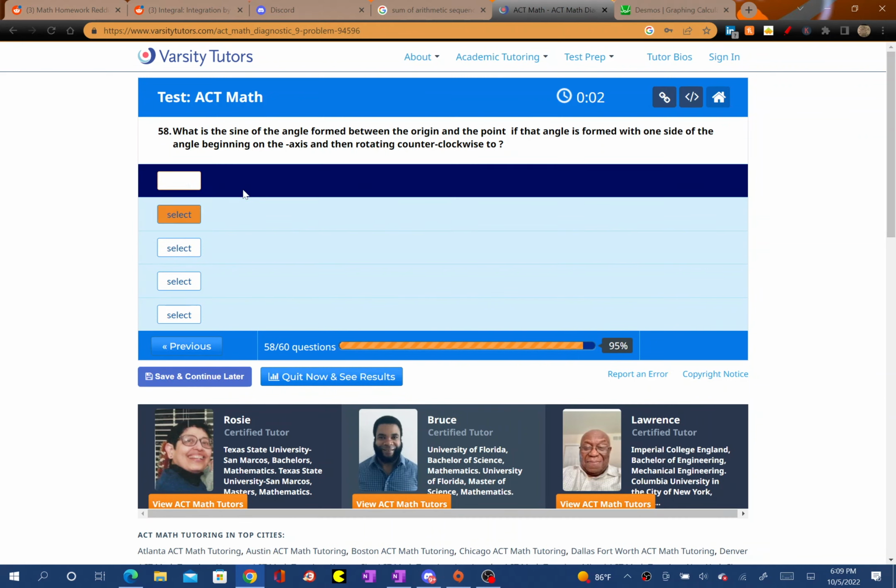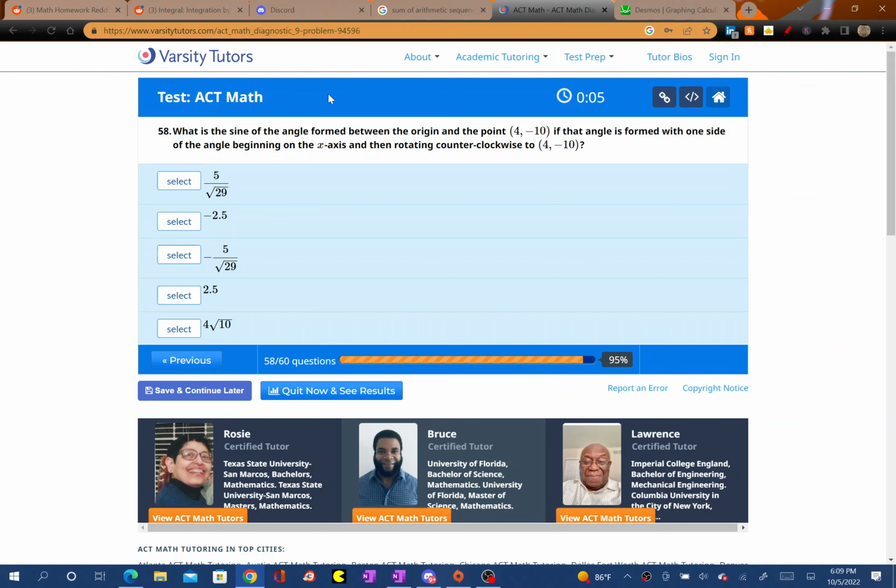Alright, what is the sine of the angle on the axis between the origin and the point 4, -10, if that angle is formed with one side of the angle beginning on the x-axis and then rotating counterclockwise to 4, -10? Oh god. So, what is the sine of the angle formed between the origin, okay. Oh, I don't know this one.